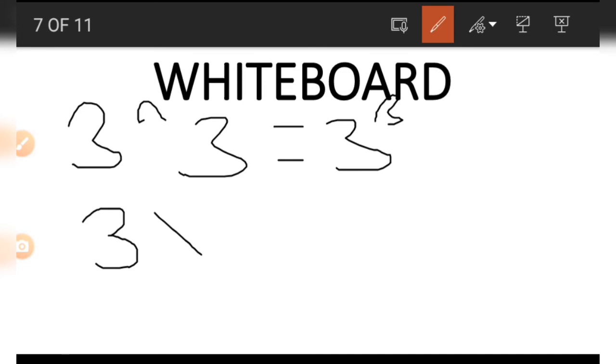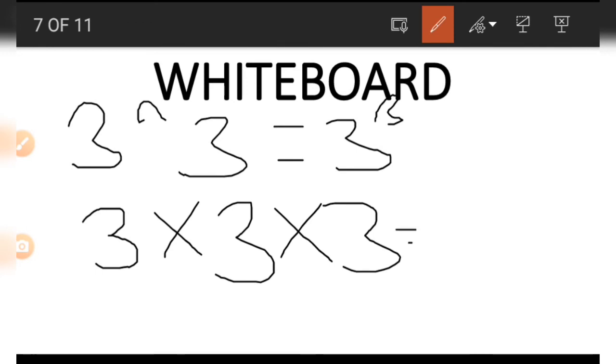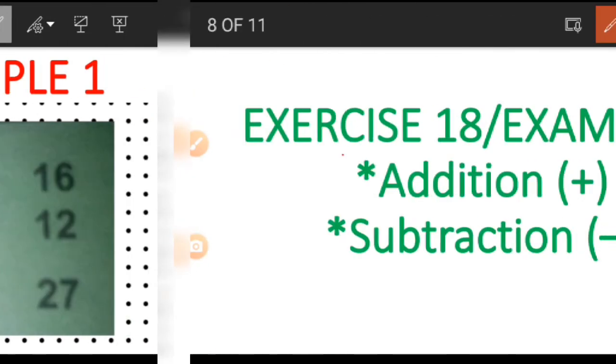Well, if we break that down, that gives us 3 times 3 times 3. That's 3 in 3 places. If we multiply this, we are going to get 27. 3 times 3 is 9. 9 times 3 is 27.